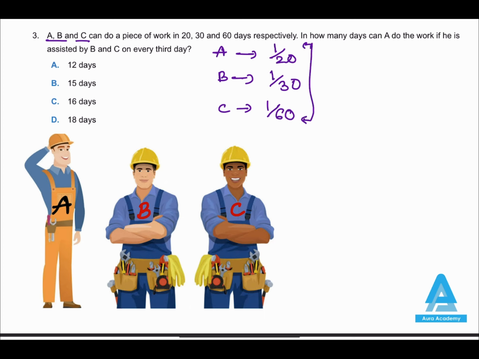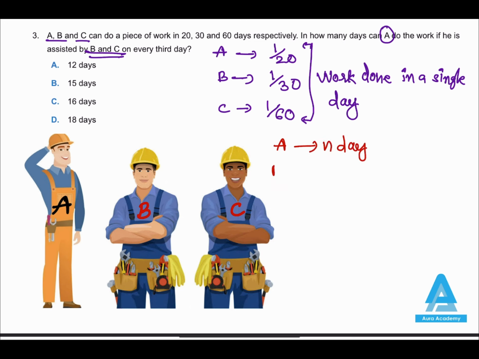We know the formula, right? But in this case, whatever be the number of days, A is working for all of it, while B and C are working 1/3 of it. So you can say that A worked for n days and B and C worked for n by 3 days.